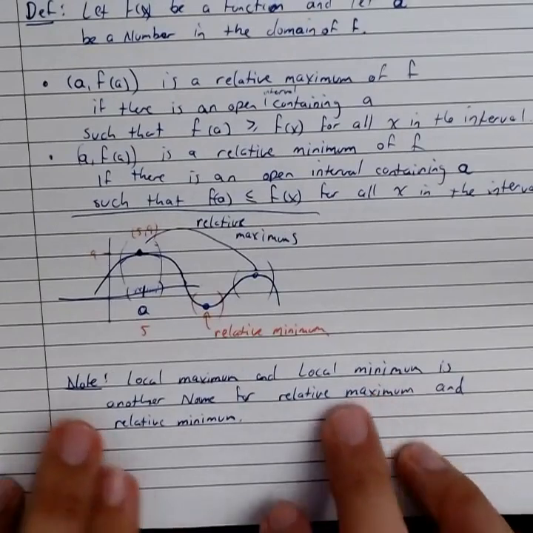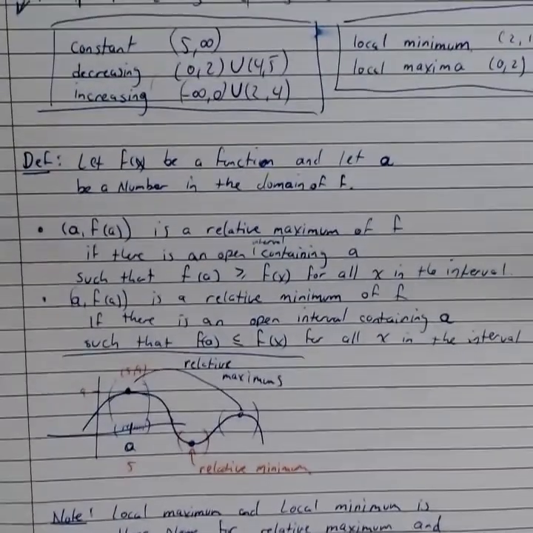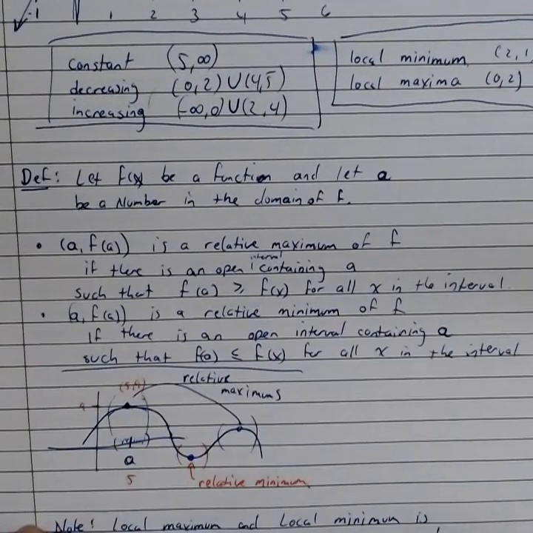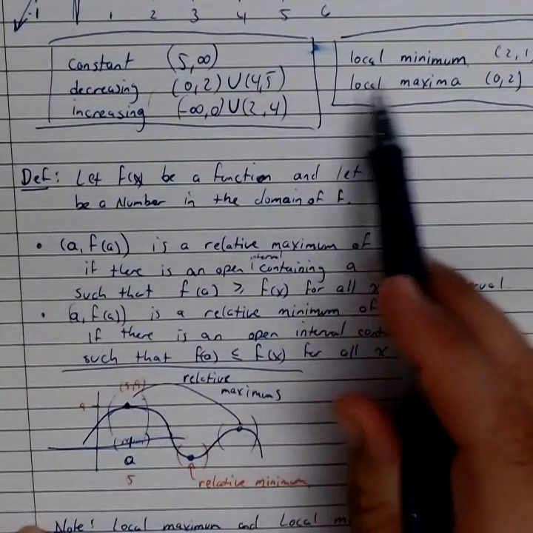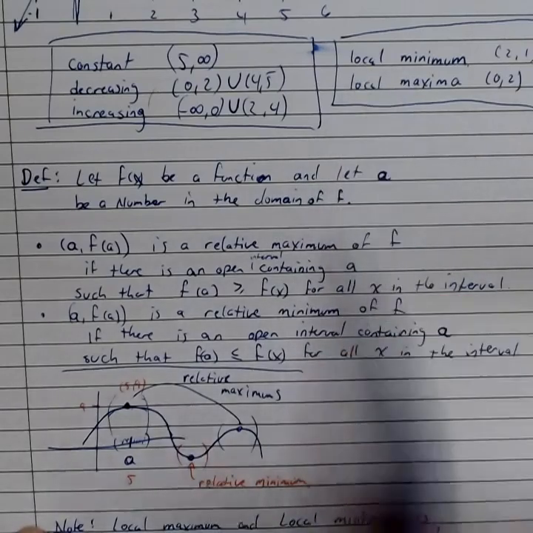Those are both completely interchangeable. They mean exactly the same thing. It's just a matter of taste. And as you can see, I tend to use local maximum and local minimum, partially because I'm lazy. Local is 2 syllables and relative is 3 syllables. I find that easier to say.